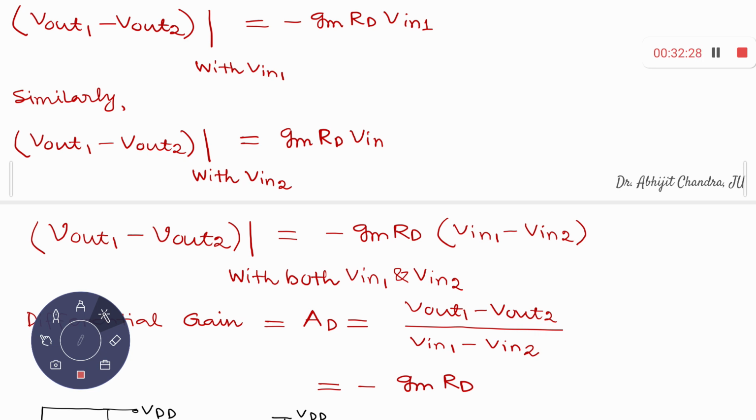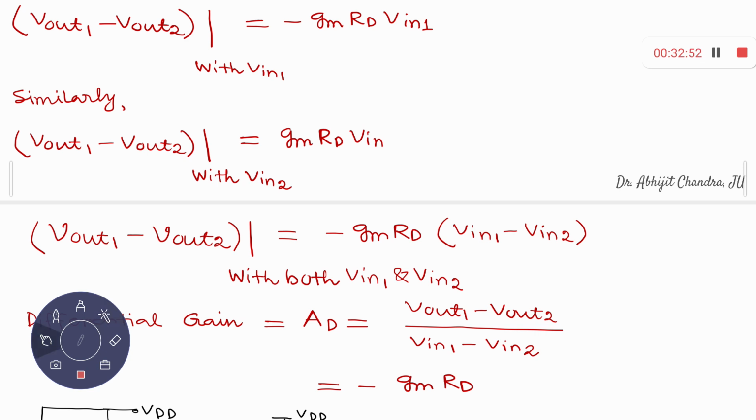It is minus GMRT, which you have already obtained using the half circuit concept. Using the half circuit concept, you come to the same conclusion by a much easier mechanism. But if you use the theory of superposition, you also come to the same conclusion, though this analysis is more exhaustive.